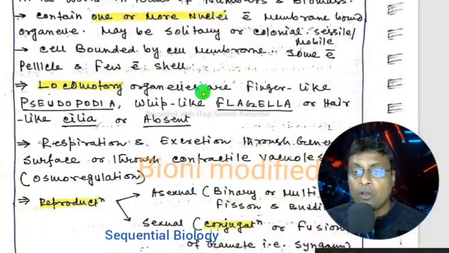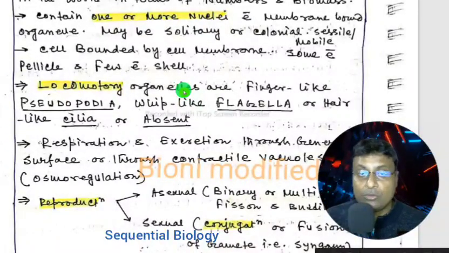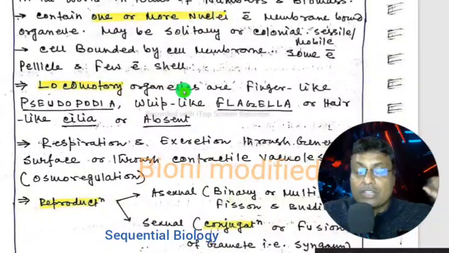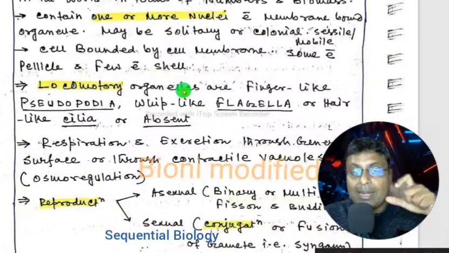Their locomotory organelles are very important, and they are usually classified on the basis of their locomotory organelles. Different protozoans have different types of locomotory organelles. A few have finger-like pseudopodia. A few have whip-like flagella. Flagella are long structures. A few representatives have very small hair-like cilia.